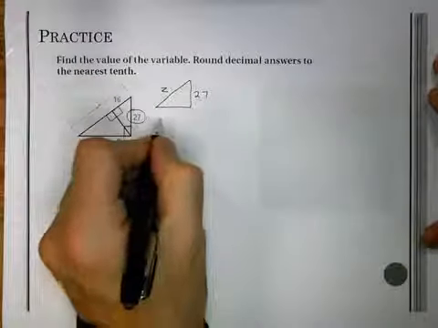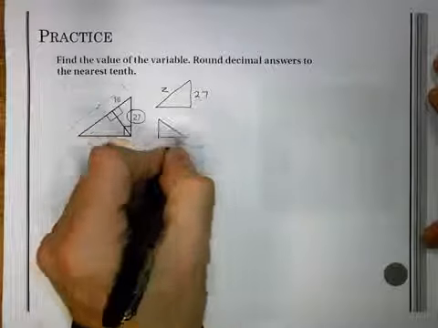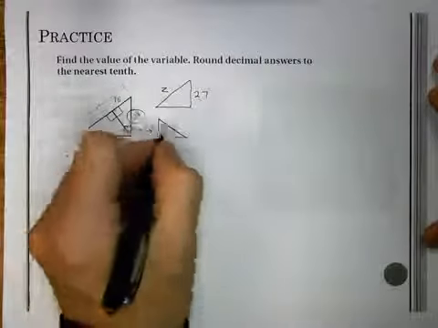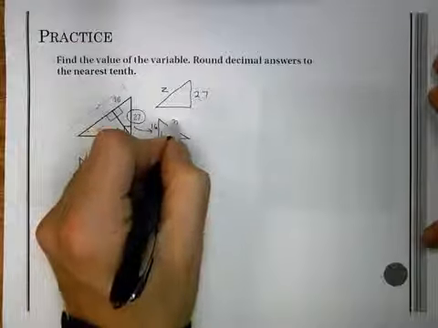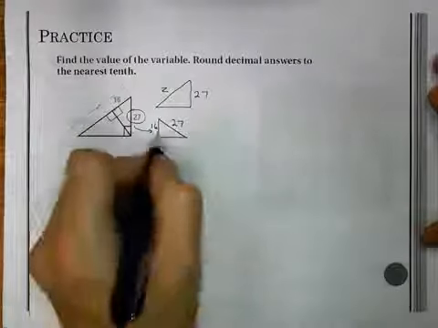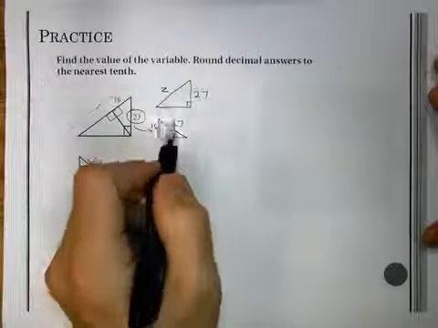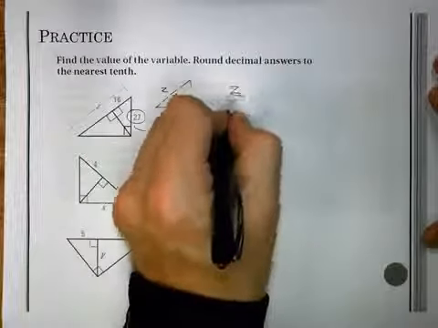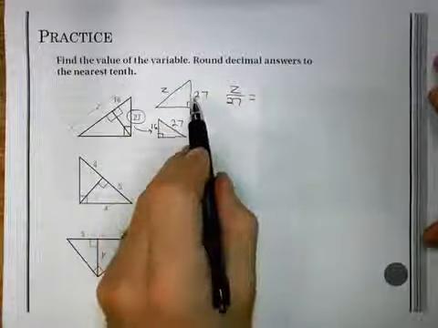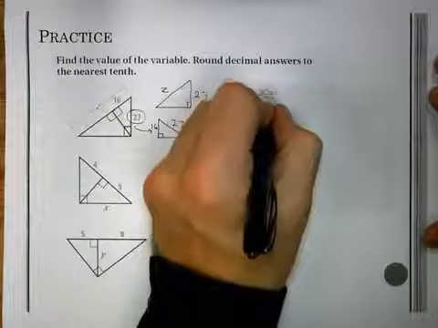Let's leave it in the same direction as it was. We're just kind of rotating it down. 16 and 27. Now, even though they're not facing the same direction, we can match them up. We can go hypotenuse to hypotenuse, Z over 27, equals leg to leg, 27 over 16.